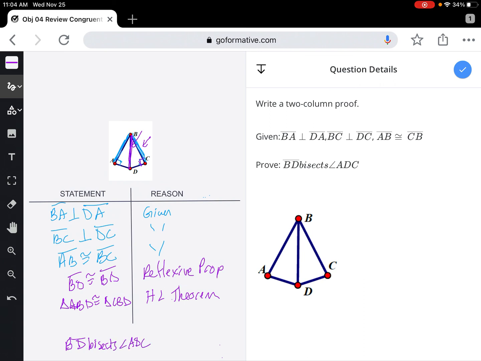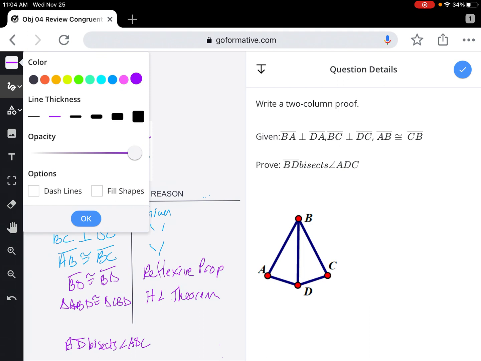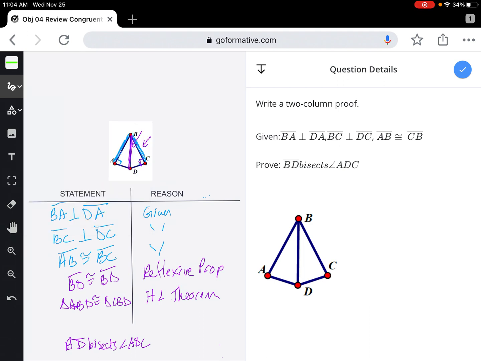bisects angle ADC. Well, I think about what bisect means. Well, bisect means it's cut into two congruent parts. So are these two parts congruent? So here we have our angle ADC. Is this part congruent to this part? And yeah, we know it is. I know that angle ADB must be congruent to angle CDB.